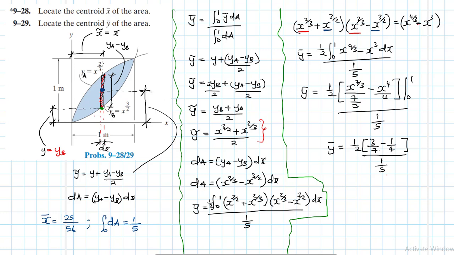Then I want to factor it out. You can multiply this side by 4 and this side by 7. Then we have 12 minus 7, which becomes a 5.